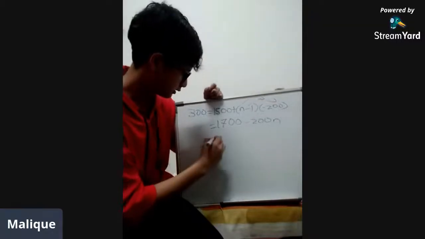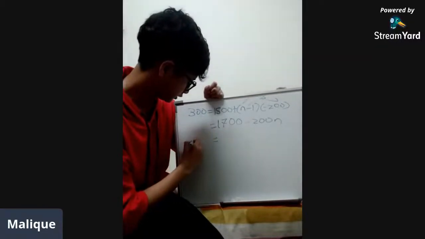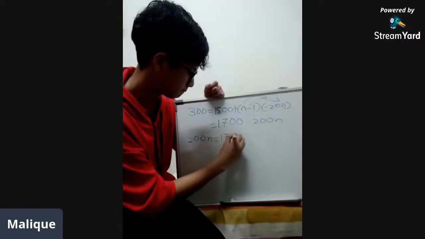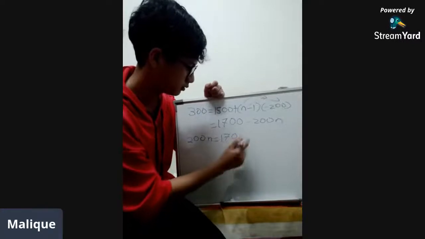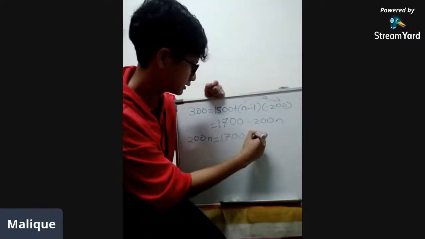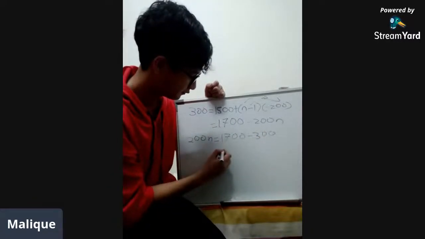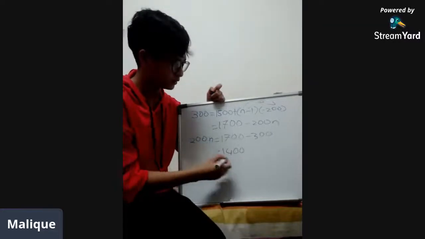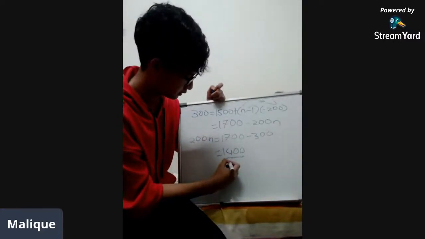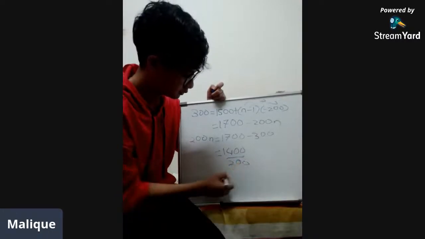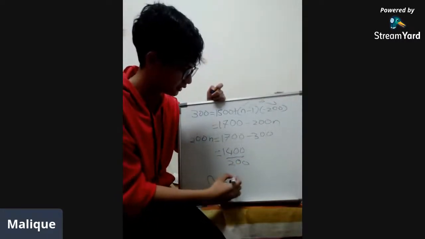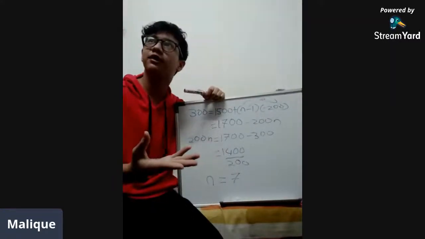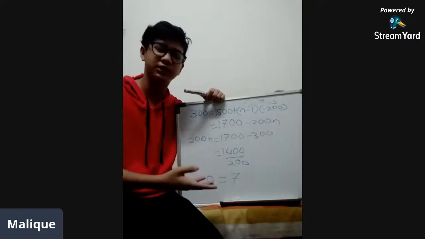So we'll end up with 200n equals 1,400. Then we should divide 1,400 by 200, which will give you the value of n, which is 7. So Encik Suhaimi went from 1,500 chickens to 300 chickens in 7 days.